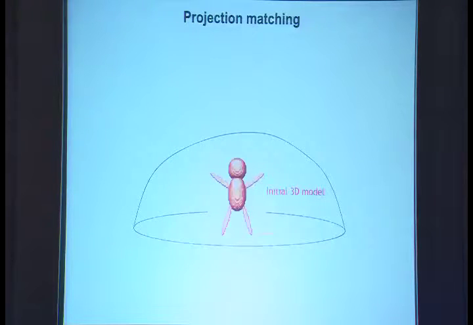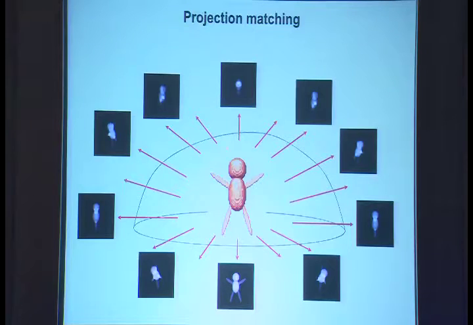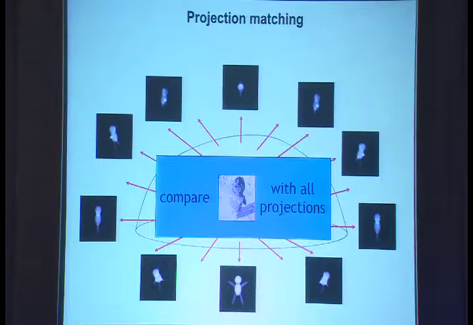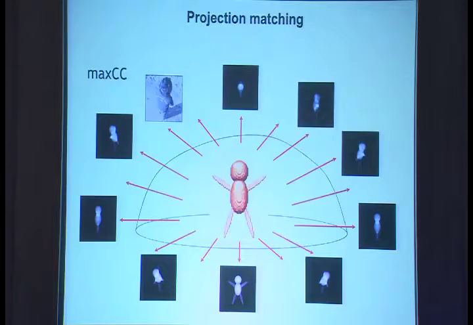Okay, we come back to projection matching, because the ones we were discussing were mostly on alignment, not on refinement. So again, we start with this 3D initial model. You generate projections, and then you compare this model with all different projections. Here there's a picture of a boy, which is Sjors's son. And then you find, for this experimental image, the best maximum cross correlation.